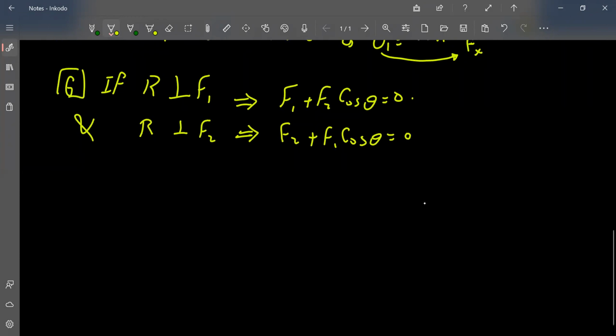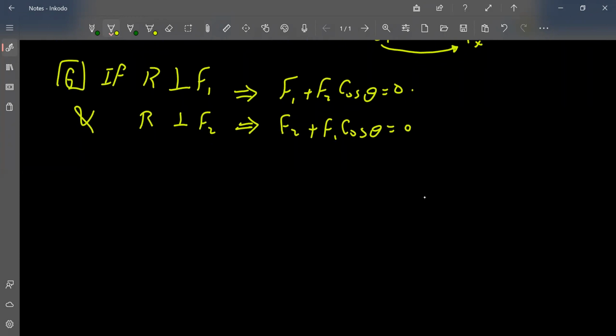Next, we are going to find the resultant of several forces.